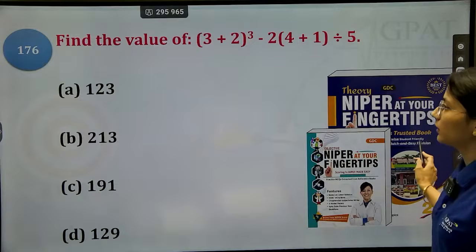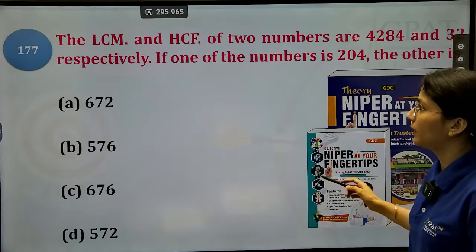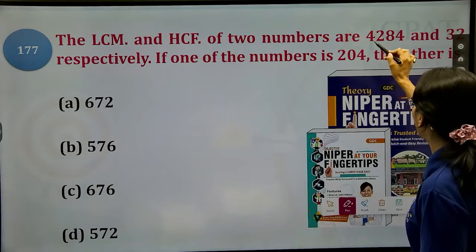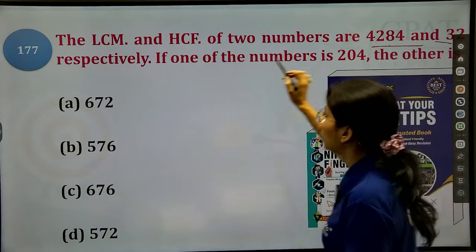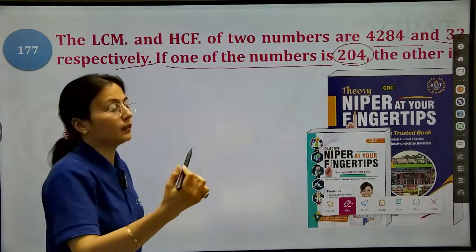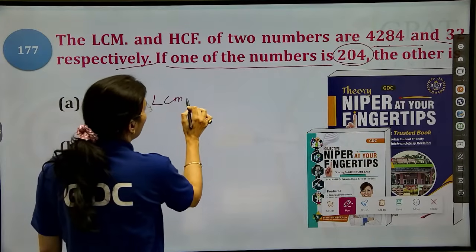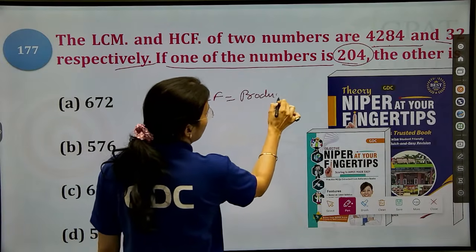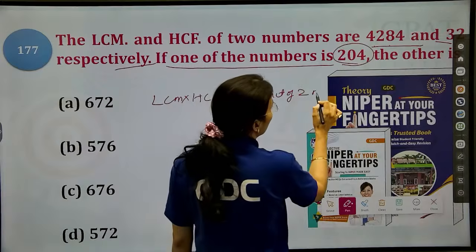Now next question, question number 177. The LCM and HCF of two numbers are 4284 and 32 respectively. If one of the numbers is 204, then we have to find the other number. As we know, LCM into HCF is the product of two numbers.